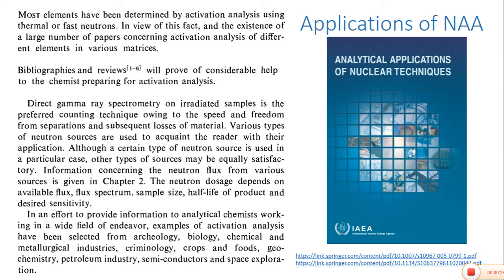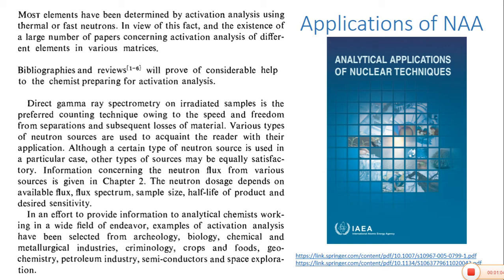As you know, there are so many techniques used for the determination of elements in a sample material. But neutron activation analysis is a unique technique with respect to the use of radioactive material, and a sample is activated using a massive particle, a neutron, and the sample becomes excited and able to liberate radiations, most probably gamma radiations.